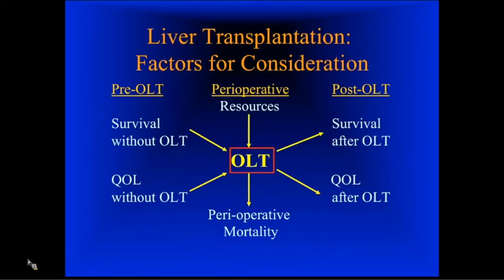Things to consider when we're evaluating somebody for liver transplantation: one thing we need to be aware of is that we do have limited resources where donors are concerned. So we're going to look at the patient's risk of survival without transplant and quality of life without transplant, and consider whether they would benefit more from a liver transplantation.